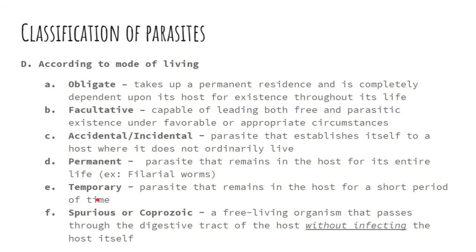Unlike kung permanent si parasite, forever na siya, nasa system natin. Diba? So, yun. So, kung parasite, doon lang tayo sa temporary. Pero kung tao, of course, doon tayo class sa permanent. Diba? So, it remains in our entire life. Okay, so ito po ang different classification ng parasites according to the mode of living.